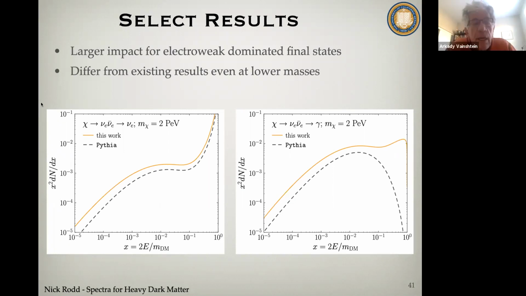When you are discussing this decay to neutrino, does your result for the spectrum depend on the details of how the decay proceeds? For example, chi could decay to a W boson and then the neutrino, or it doesn't matter for you?